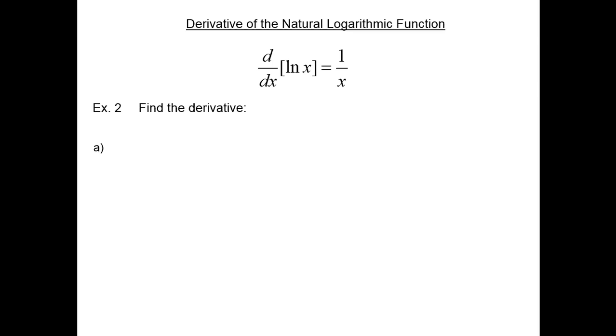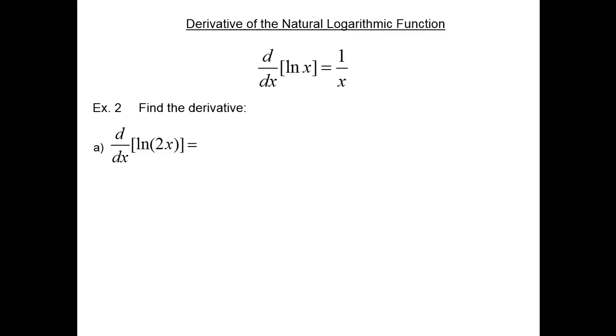Find the derivative of the natural log of 2x. We could actually expand this into the natural log of 2 plus the natural log of x. And the natural log of 2, the derivative would be 0. We're just left with natural log of x, the derivative is 1 over x.